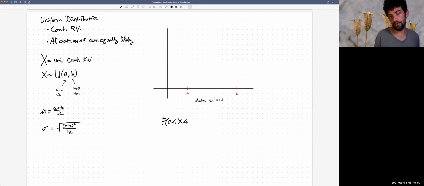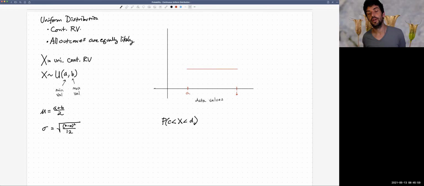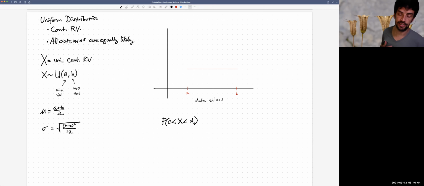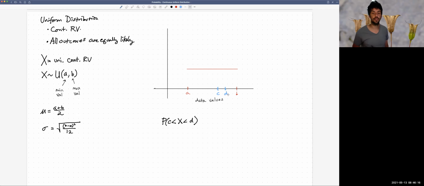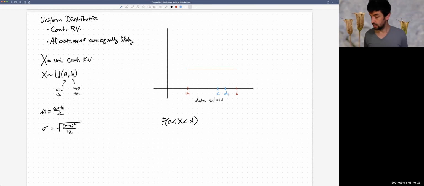If we want to know what's the probability that this random variable, when we conduct our experiment, the result is between the interval C and D. So we're going to assume that C and D are between A and B, right? We could ask about things happening outside the interval, but the probability of that happening is 0.